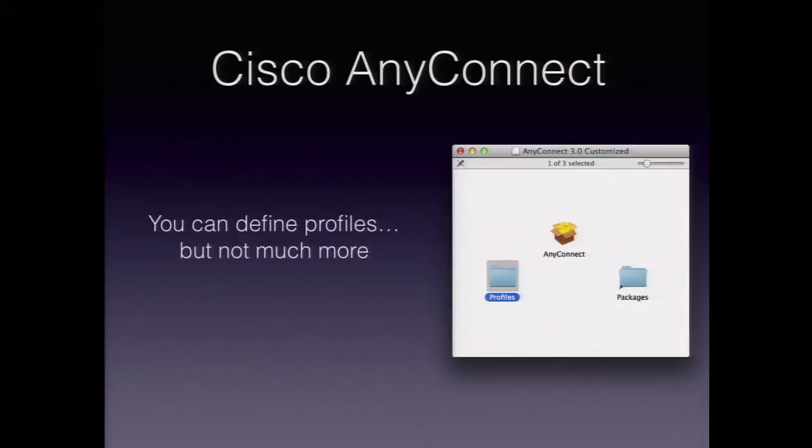So the problem is you get this from Cisco, and they give you a little place where you can put some profiles, and it'll pop in the Cisco profile into the opt directory, and then that will manipulate some of what the Cisco application is doing, but there's not much else the package does for you besides install the Cisco AnyConnect software.